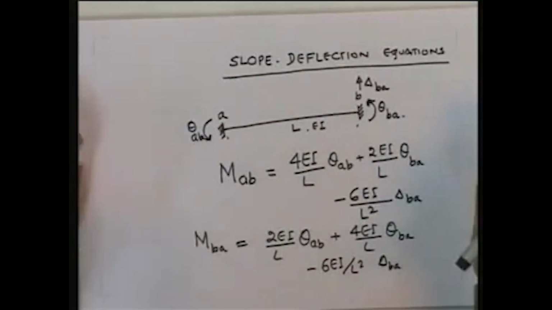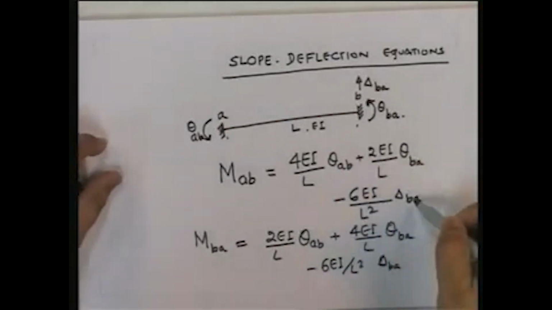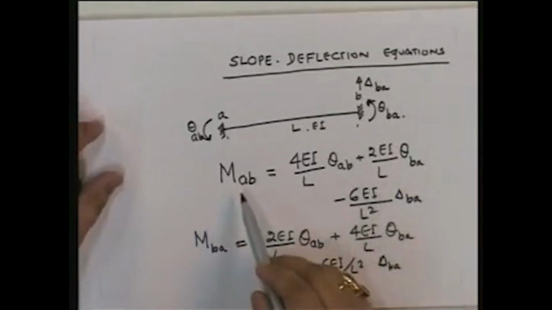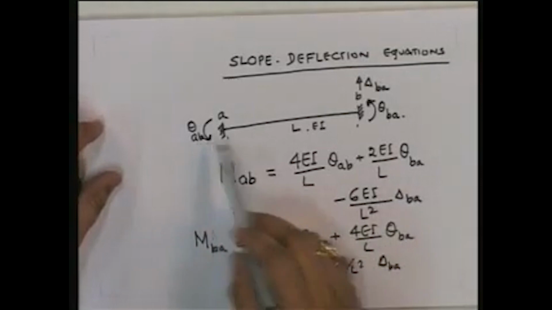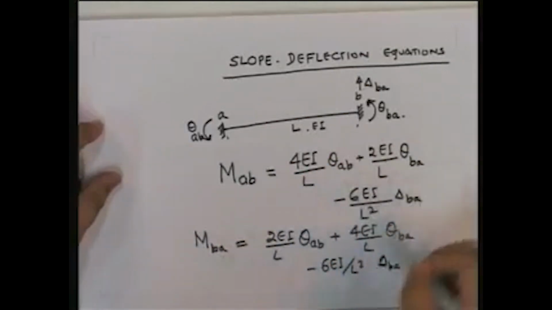These are my slope deflection equations. These are the slopes, this is the deflection, and these equations relate the moment at the two ends of the beam in these terms.